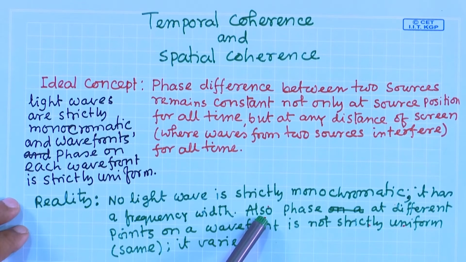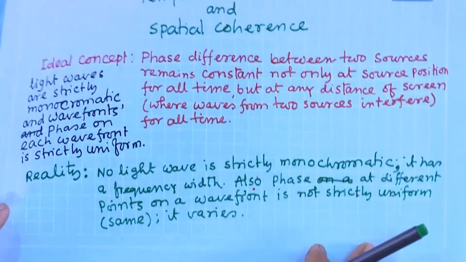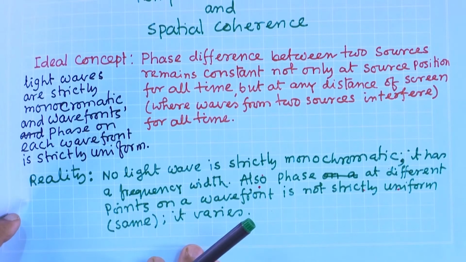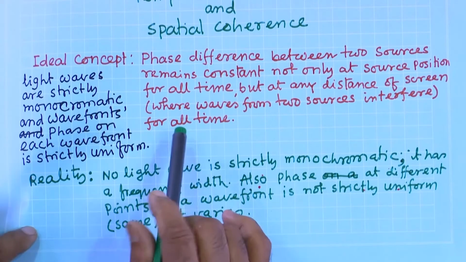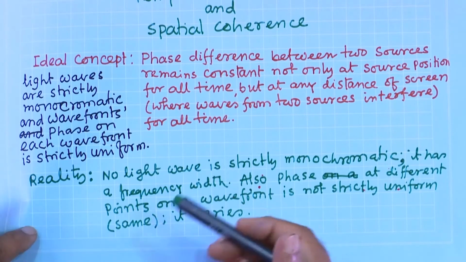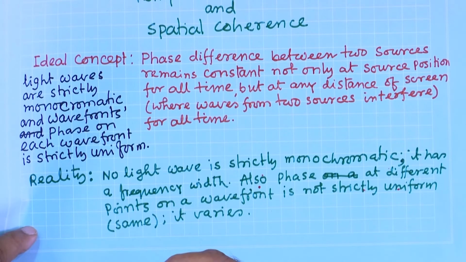Also, the phase at different points on a wavefront is not strictly uniform, it varies. This is the ideal concept of monochromatic light and a uniform wavefront, where the phase remains constant at all points on a wavefront.